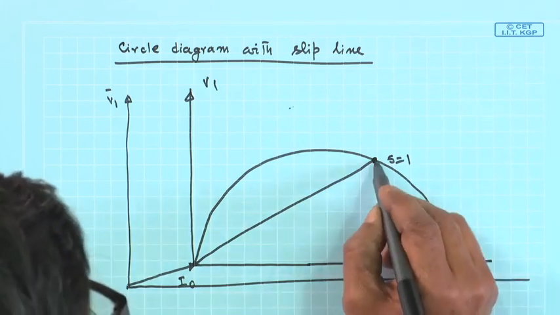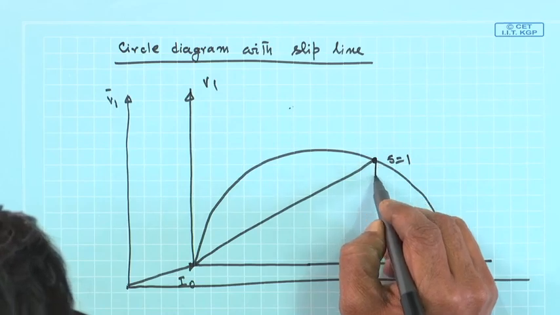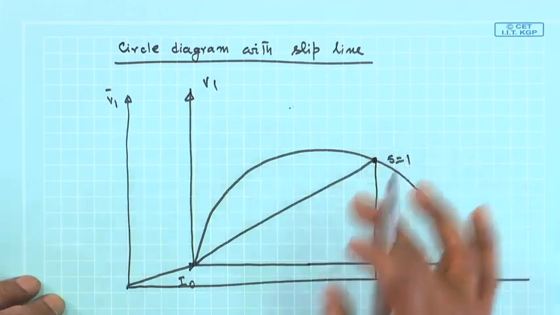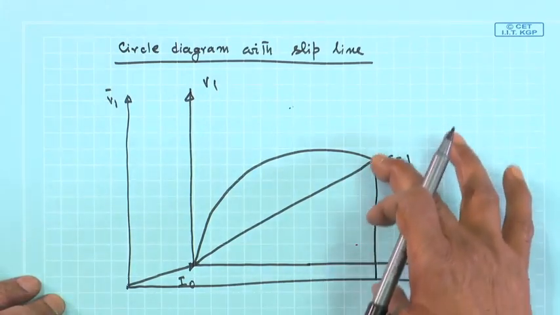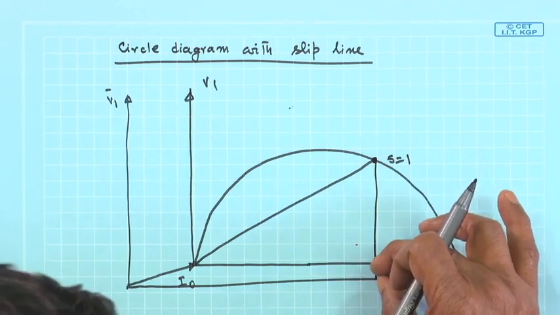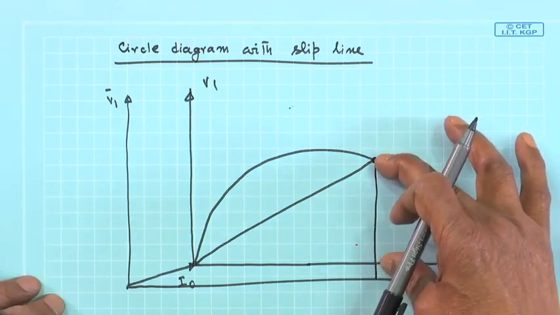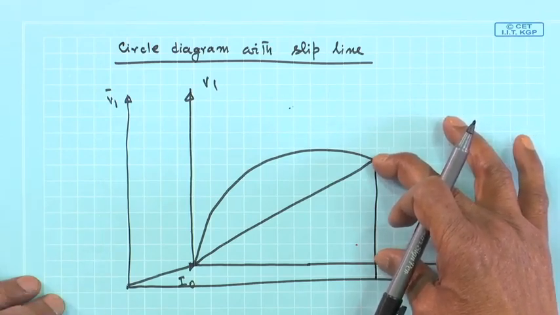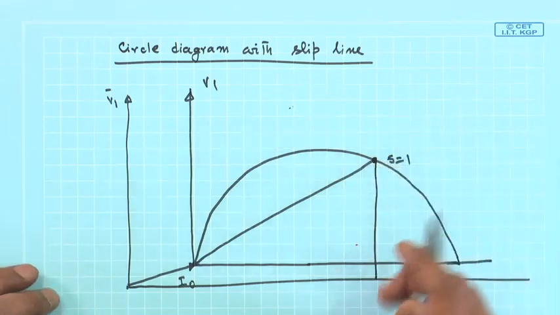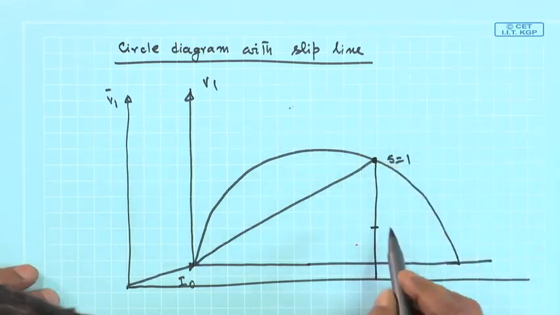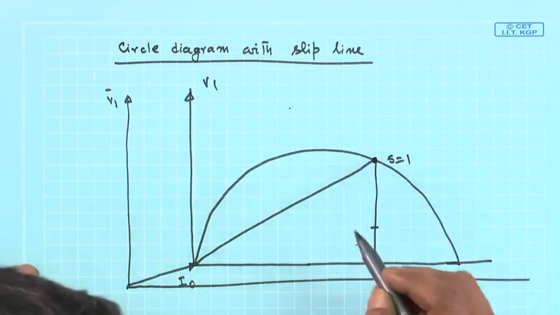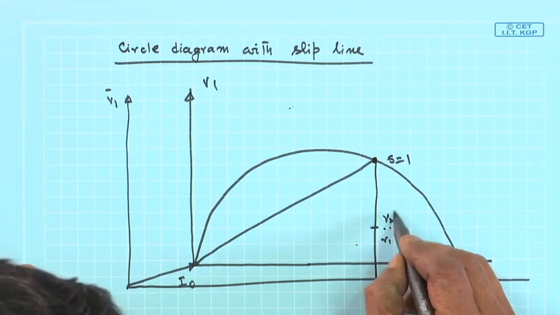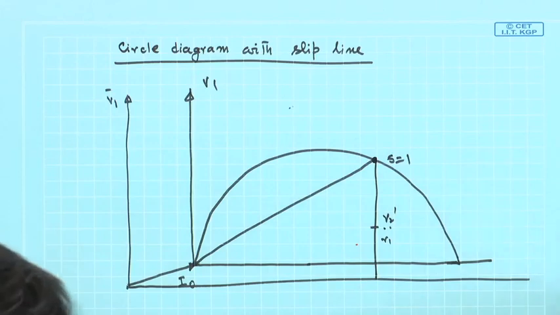and then as usual drop a perpendicular like this, and these vertical lines give you powers. In total it is input power. This length will give you stator copper loss, rotor copper loss, output mechanical power. Output mechanical power is 0, therefore I have divided this in the ratio R1 is to R2 dashed, it will be only stator copper loss and rotor copper loss, and joined this line.